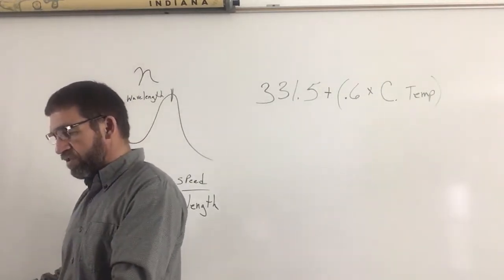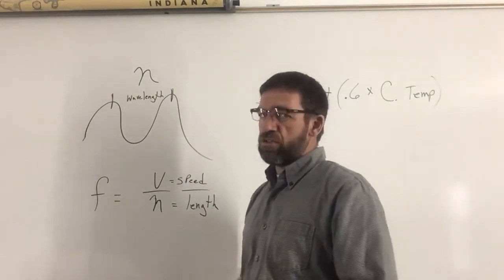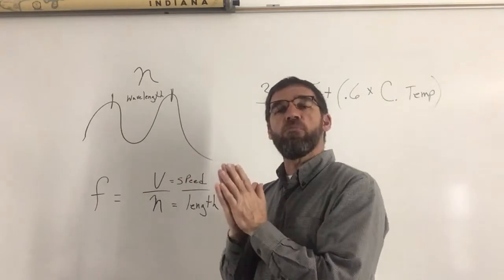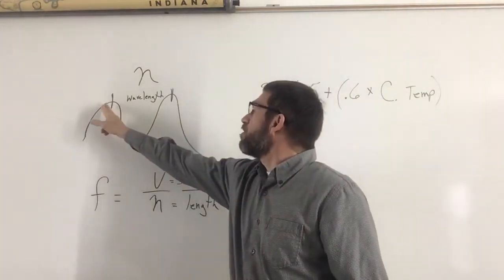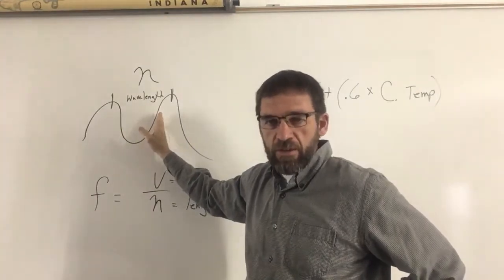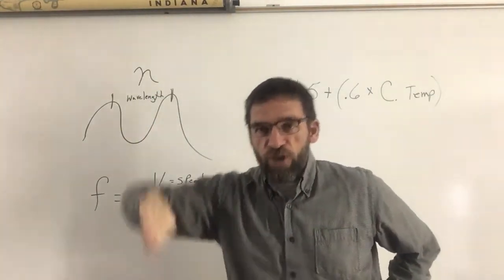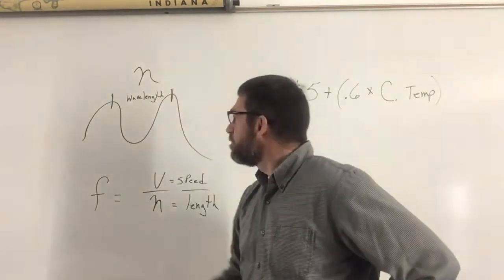I will give you just a quick little rundown. When we talk about a wavelength, let me give you some basics. A wavelength is from the top point to the top point. It's got the trough and the crest.